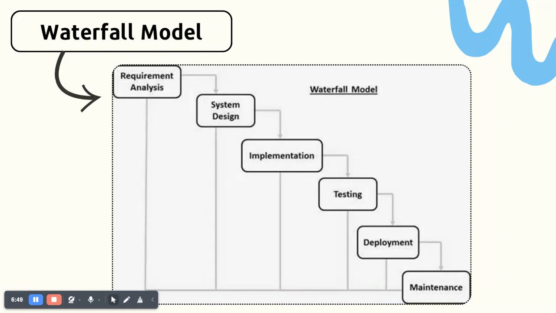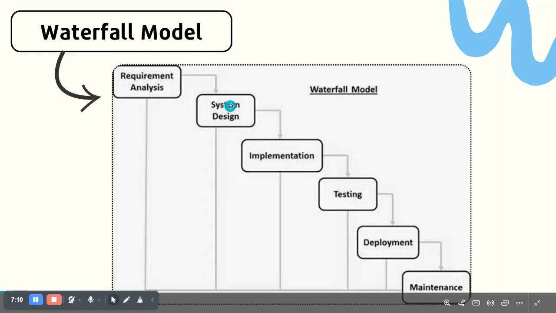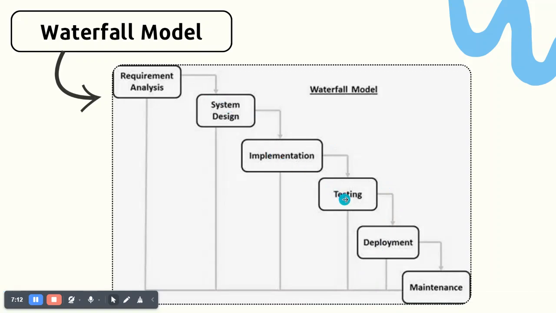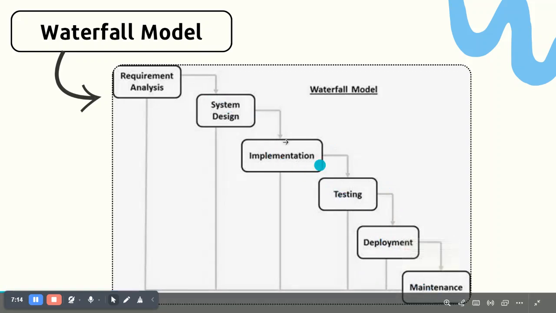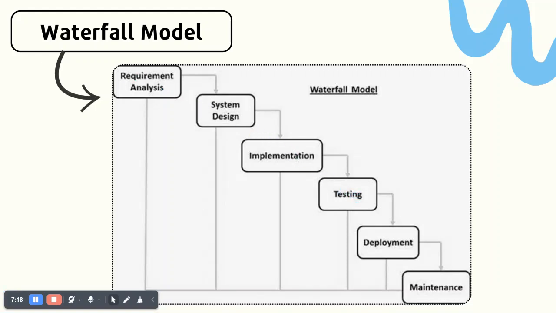Most of the time the waterfall model is used for small-scale businesses because they do not have that much cost to handle the project. This is the traditional waterfall model. If you look throughout the phases in this diagram: requirement analysis, system design, implementation, testing, deployment, and maintenance.